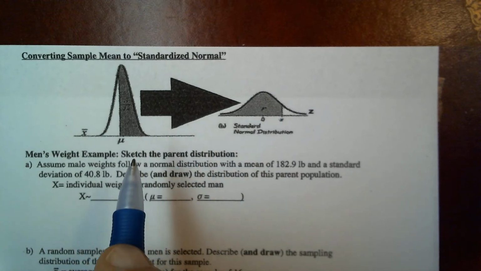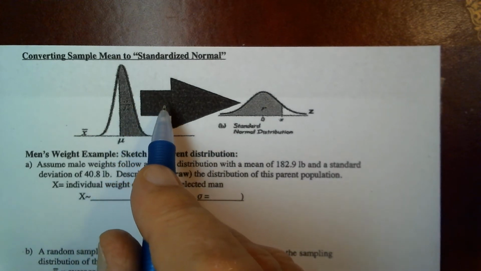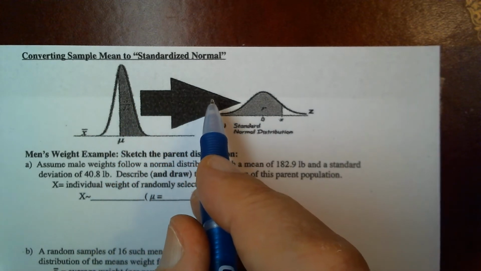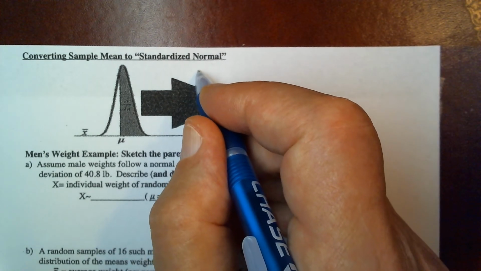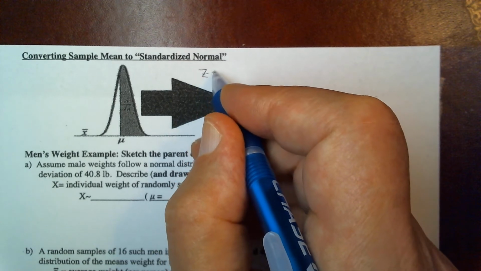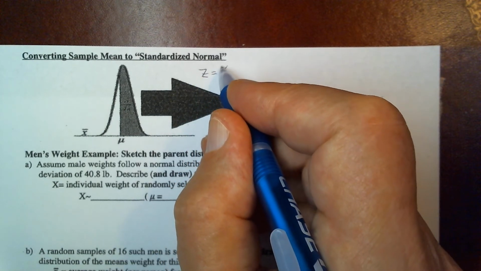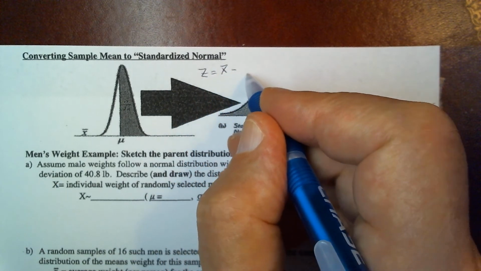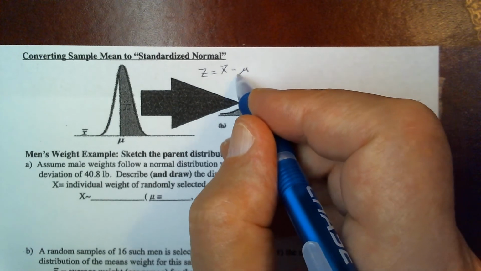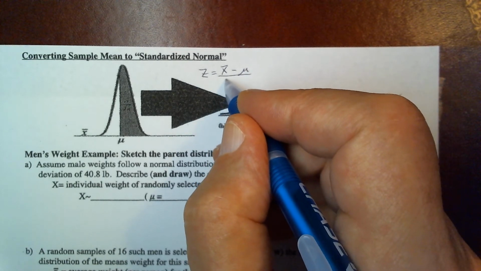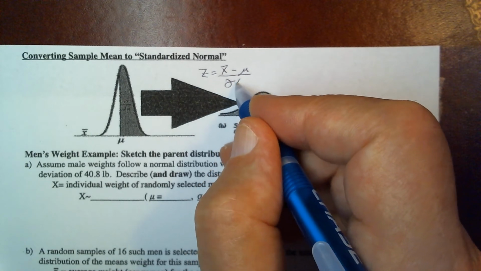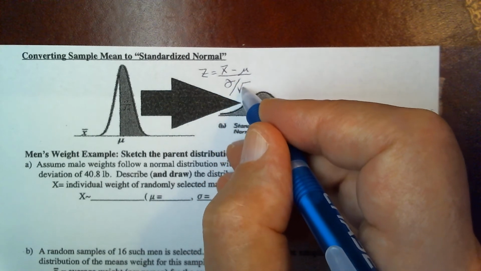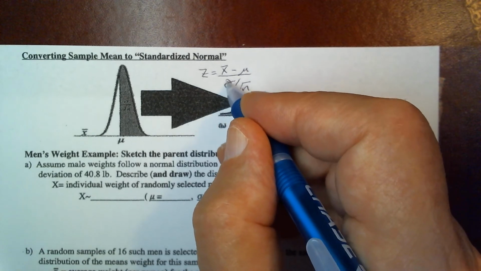We convert the sample mean to a standardized normal distribution in the following way. We compute the z-score as follows. Z equals the sample mean minus the population mean, divided by the population standard deviation divided by the square root of n, the sample size.